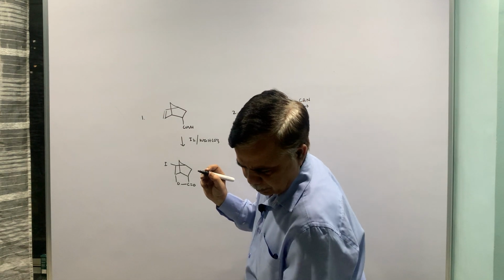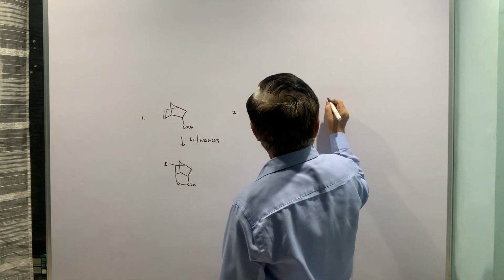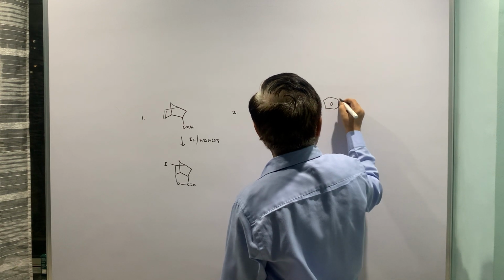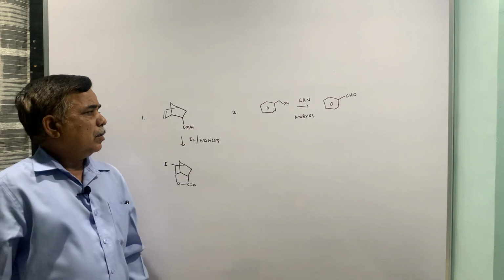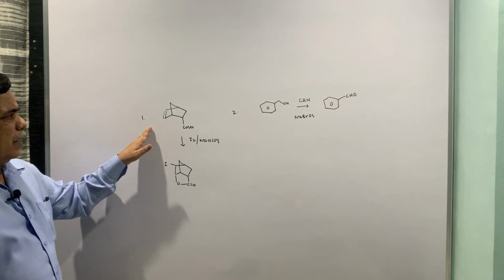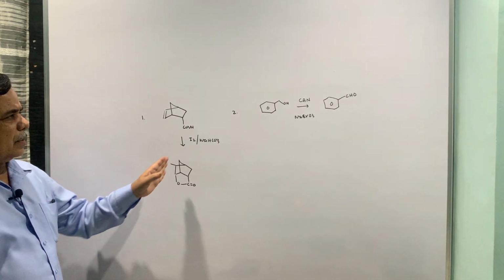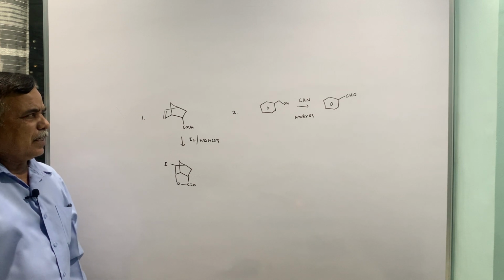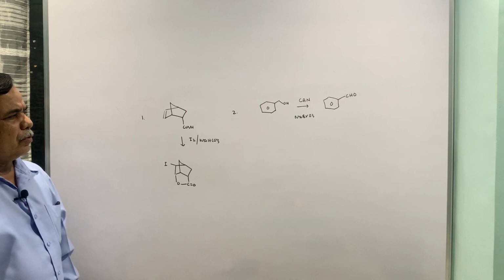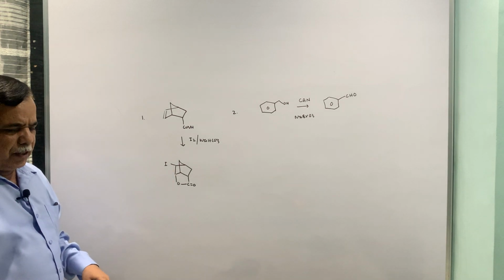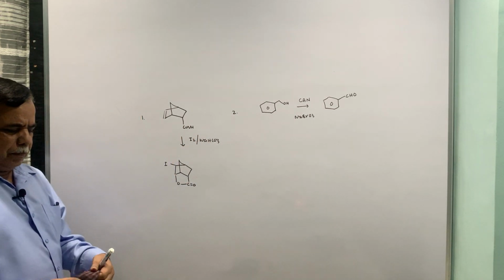Ferric ammonium nitrate, sodium bromate. This gives an aldehyde. So, this is one example quite similar to the earlier examples we have done, and that is with ferric ammonium nitrate and sodium bromate. You have to solve these two examples.